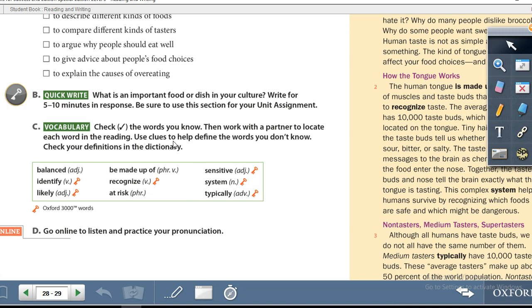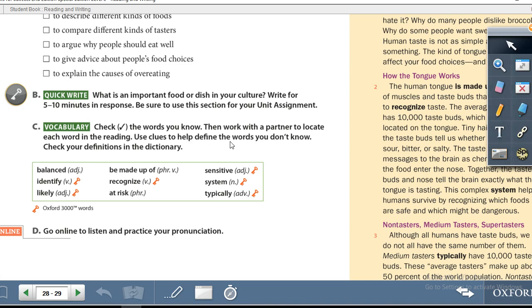It says use clues to help define the words you don't know. So say for example, you didn't know the word typically, right? Now you are going to use any other clue. Maybe you've heard the word typically in a movie, maybe you've heard it in conversation before. So you are going to use the word typically and you are going to try to understand what it means, right?